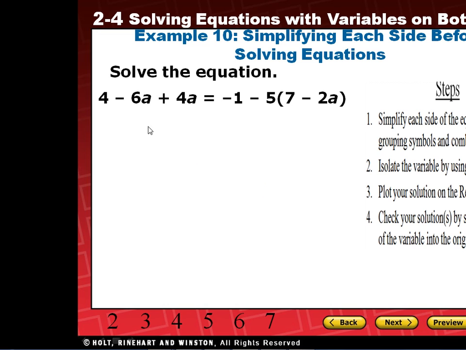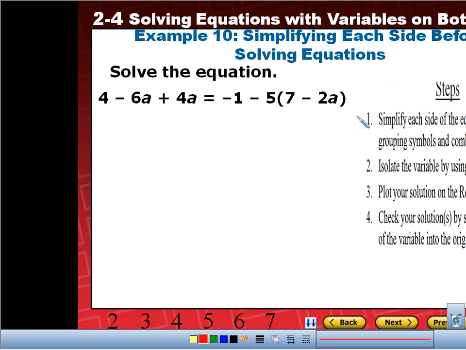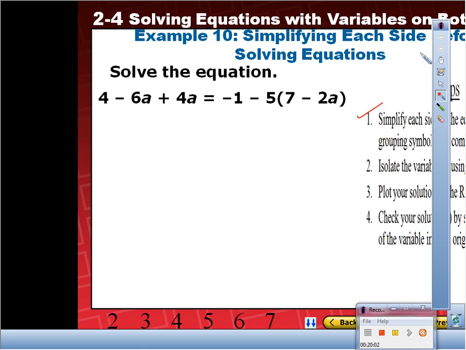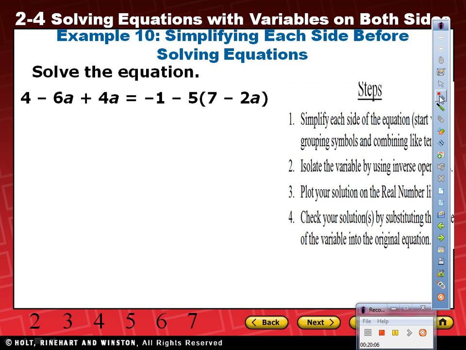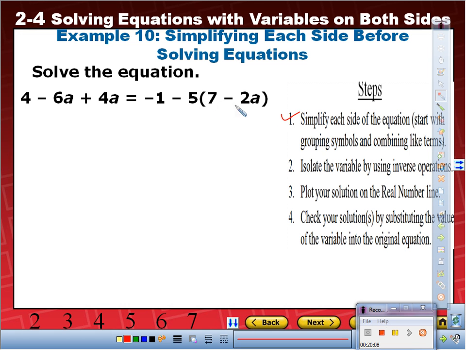Okay, guys. For this one, just to get you started, do we have grouping symbols? Yes. We can't combine, so I need to multiply by distributing inside, so this becomes negative 35.